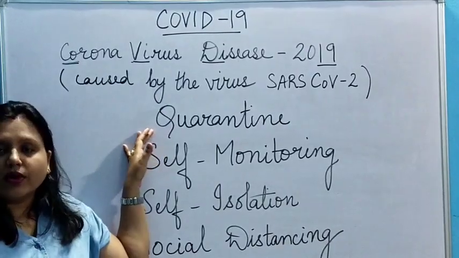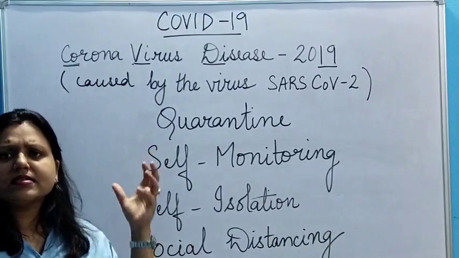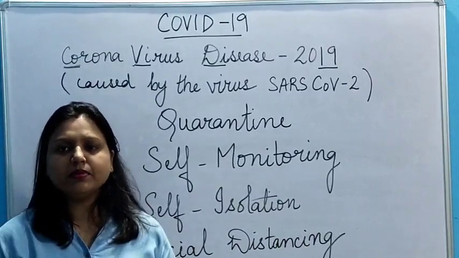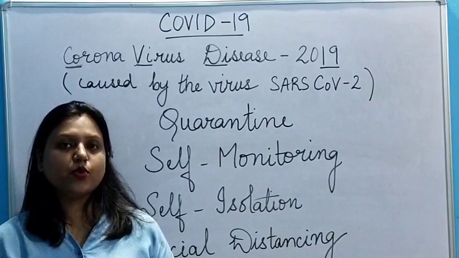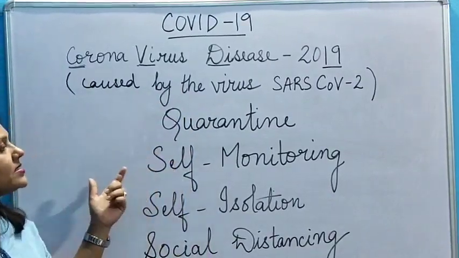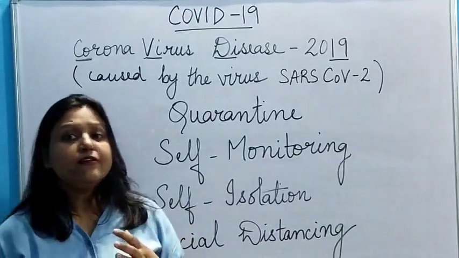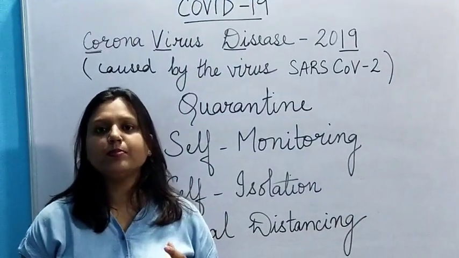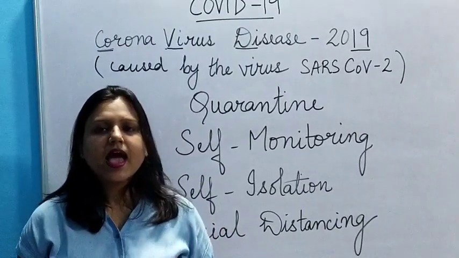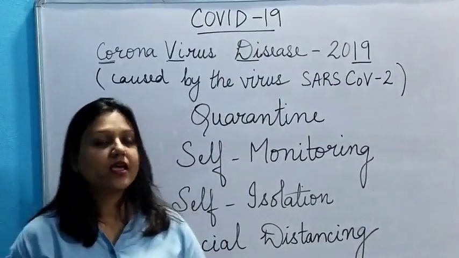What is the meaning of quarantine? Quarantine restricts the movement of healthy people who may have been exposed to COVID-19. The second is self-monitoring. Self-monitoring calls for people to keep a close eye on their health and watch for symptoms.